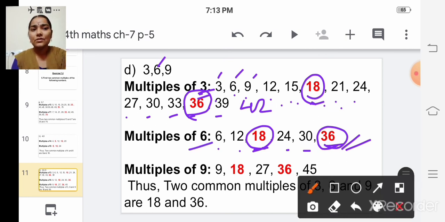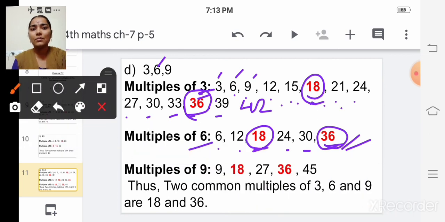Now we will find out the multiples of 9. 9, 18. So we get one common multiple. If we get another common multiple, then we can stop the process.